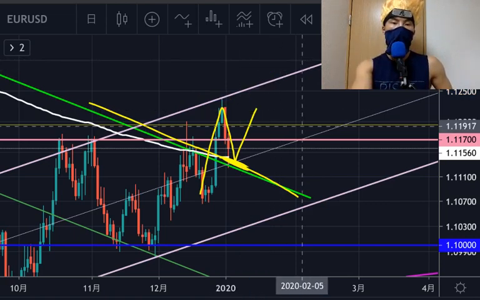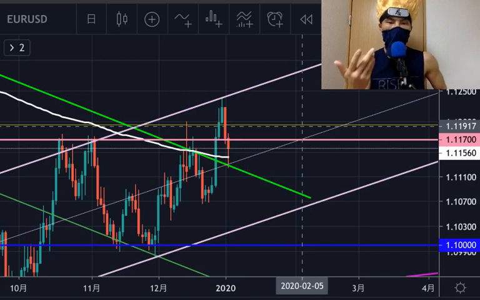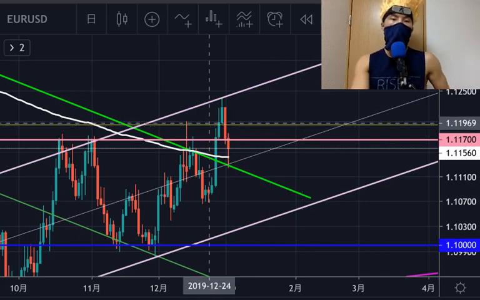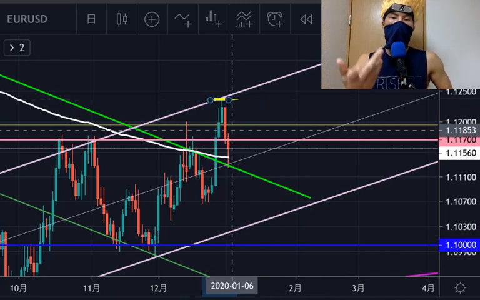Whether the Euro USD trend has changed or not, you have to see whether the market will make higher highs or not.